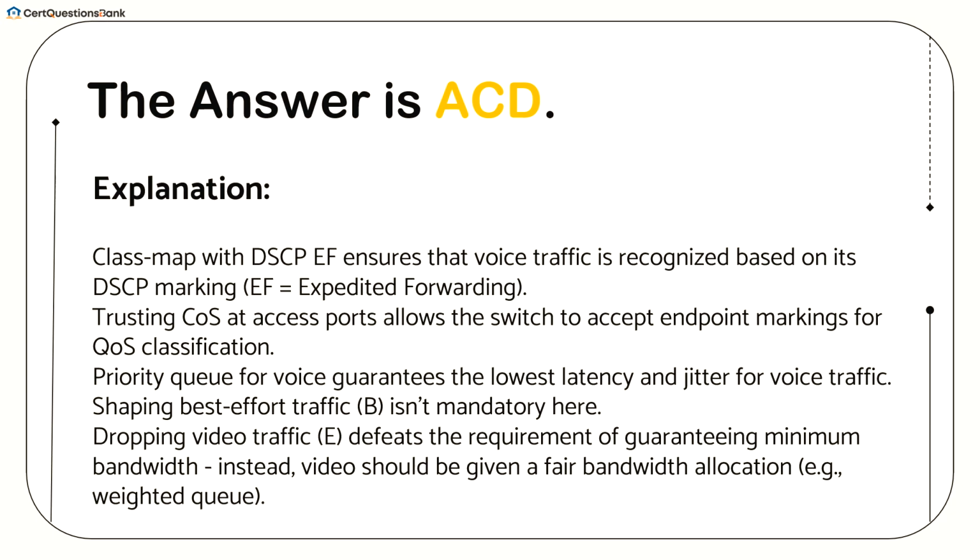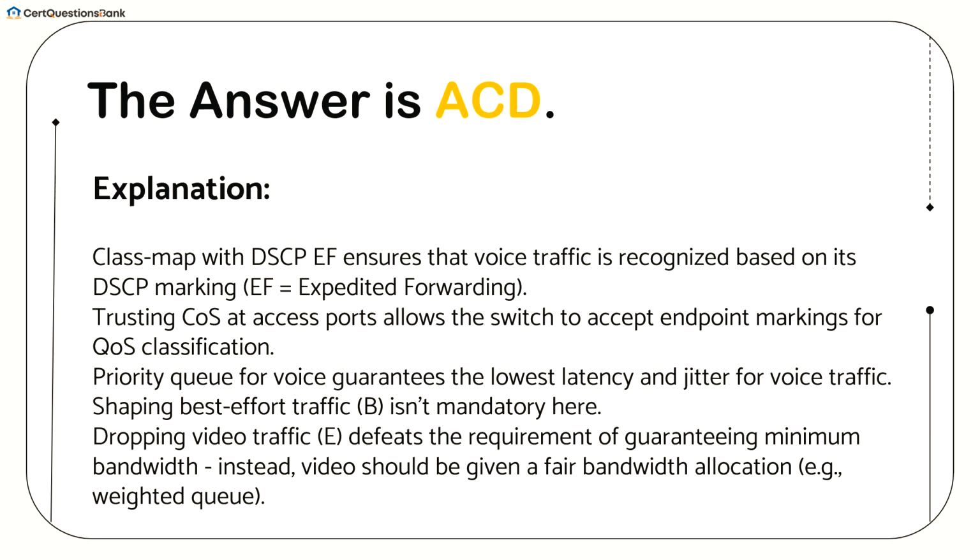The answer is ACD. Class map with DSCP EF ensures that voice traffic is recognized based on its DSCP marking. EF equals expedited forwarding. Trusting CoS at access ports allows the switch to accept endpoint markings for CoS classification.